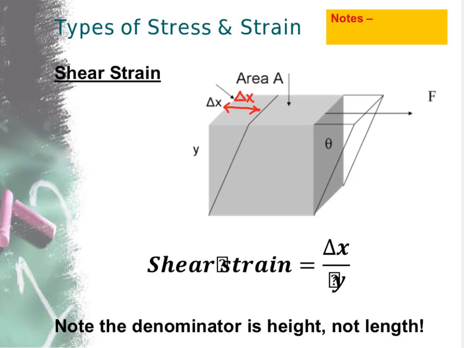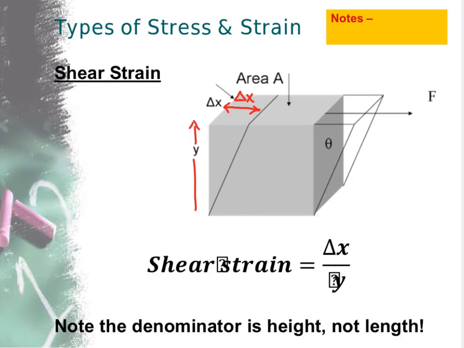Now, when we're calculating strain, we don't take delta x divided by this distance up here. We actually take this height y. So y is the distance that we're concerned about with shear strain.